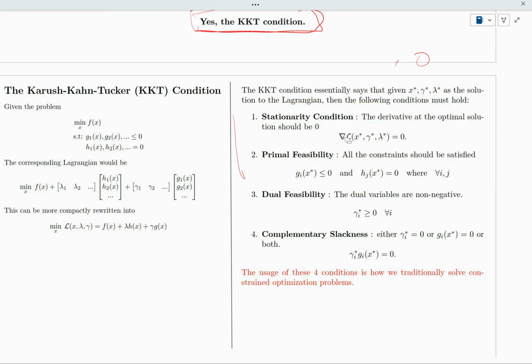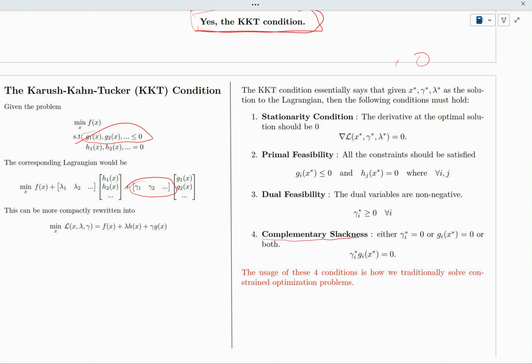The third one, dual feasibility, is saying that the gamma values associated with the inequality constraints always are non-negative, 0 or greater than 0. And the very last one is called complementary slackness.